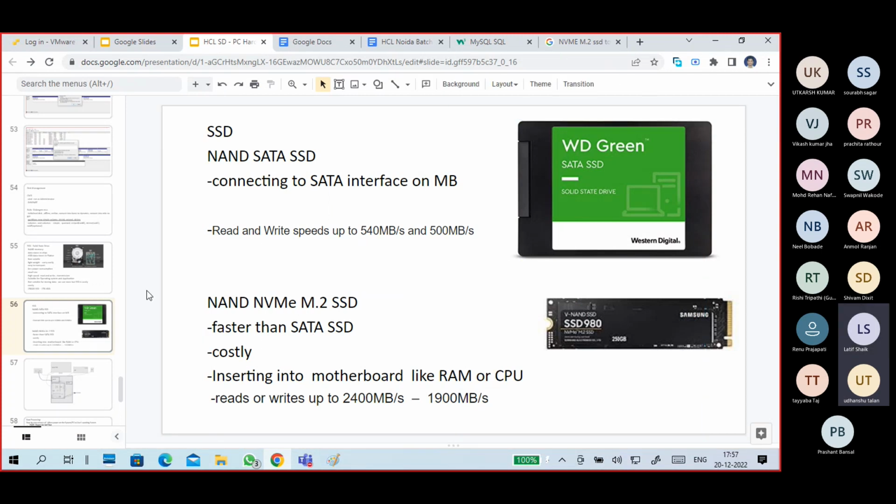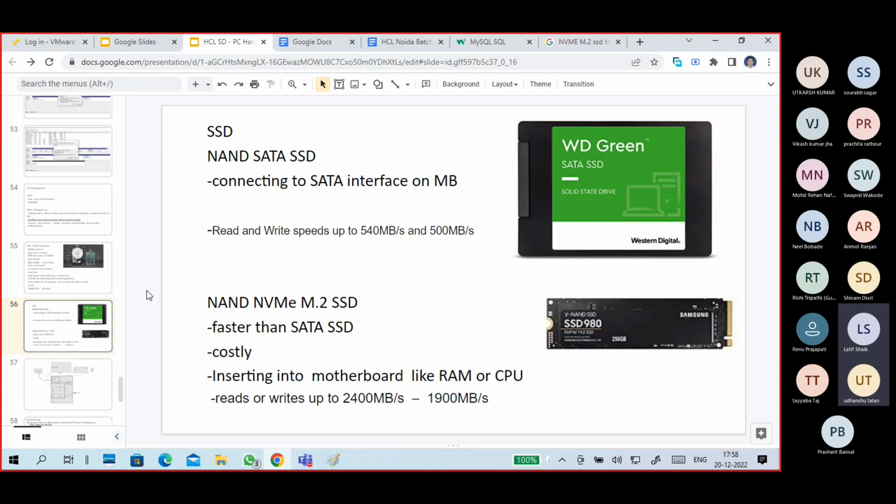So M.2 SSDs are faster. When you want an SSD, the first choice is M.2. If you don't have an M.2 SSD choice, then you can choose a normal SATA hard disk or a SATA SSD, any between those two.